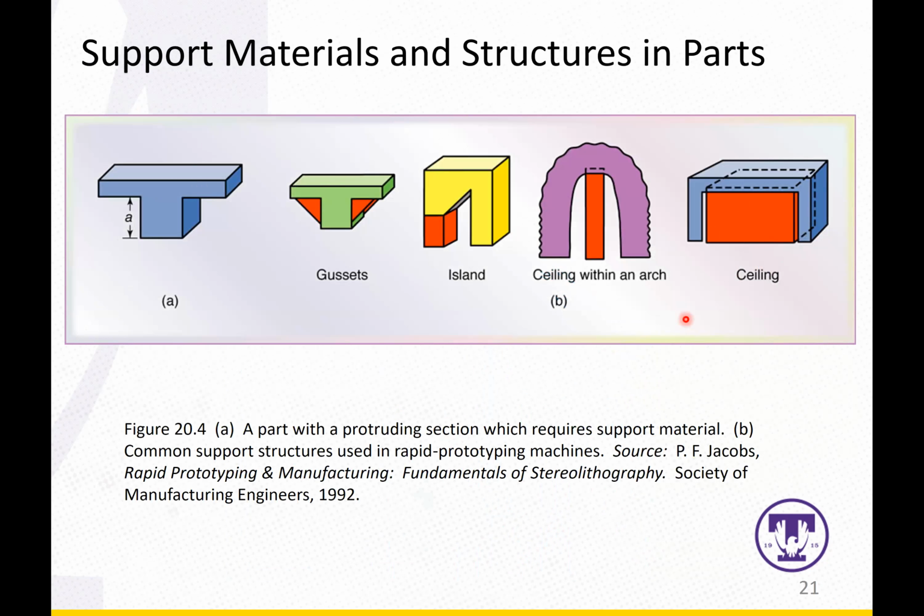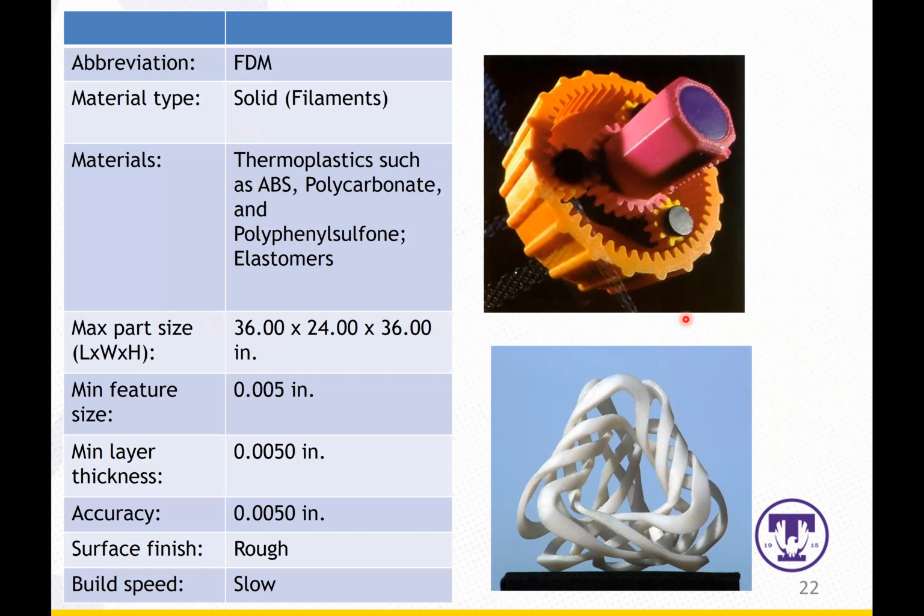And for some of the fused deposition printers, you can see many materials can be used for these machines, like ABS and polycarbonate and so on and so forth, right? And they usually use filament as the building material.